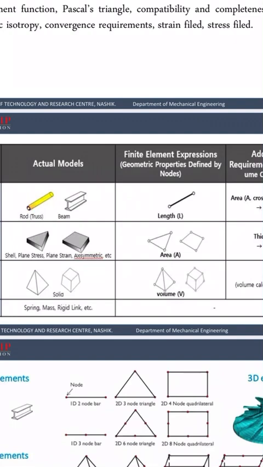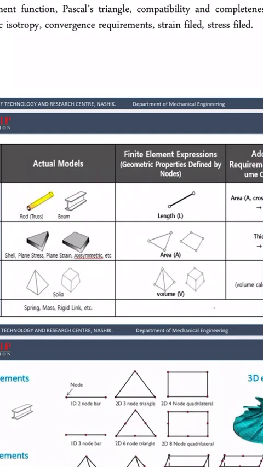It may be triangular. If we consider a four-noded element, it will become a quadrilateral, a rectangle or a square. So area is the geometric property to define the two-dimensional element. By using these nodes we can measure the area, so area is the major property for a two-dimensional element.